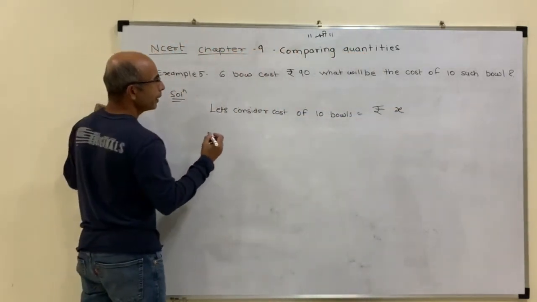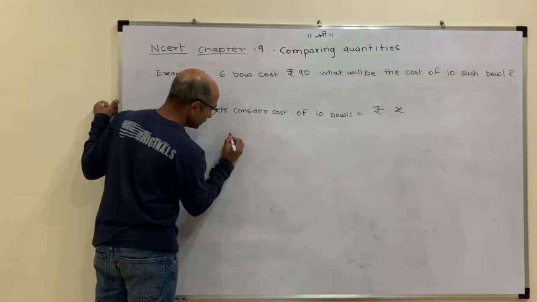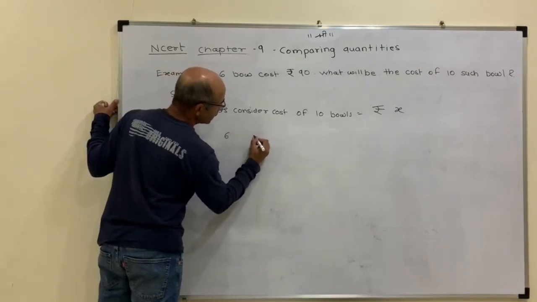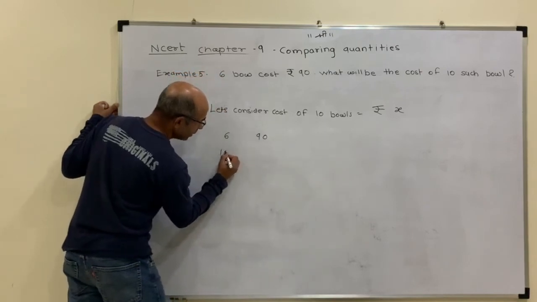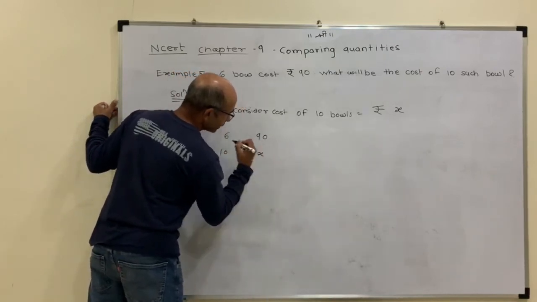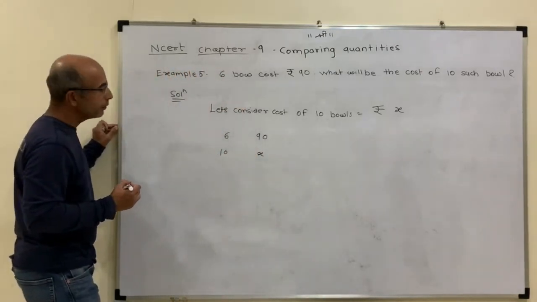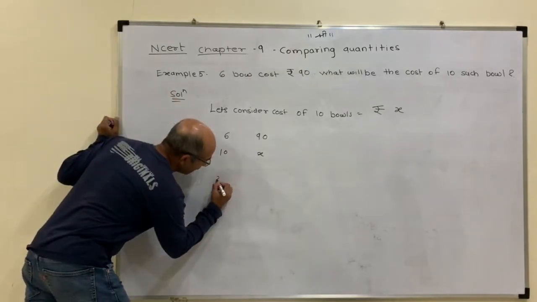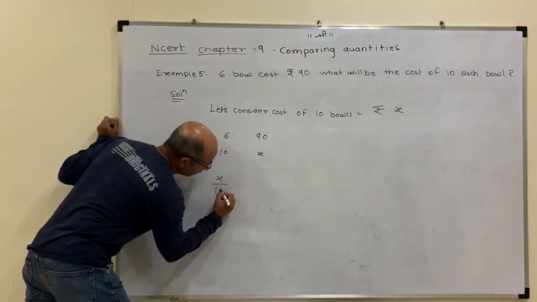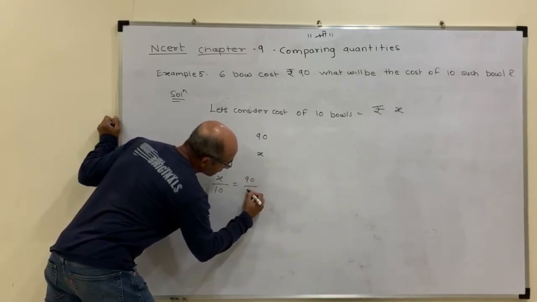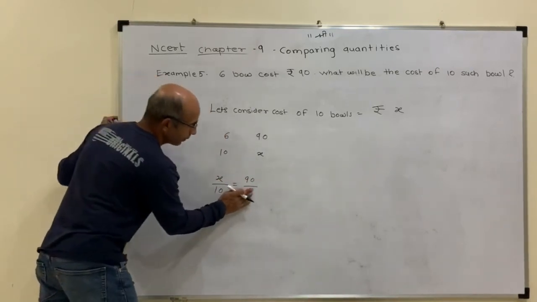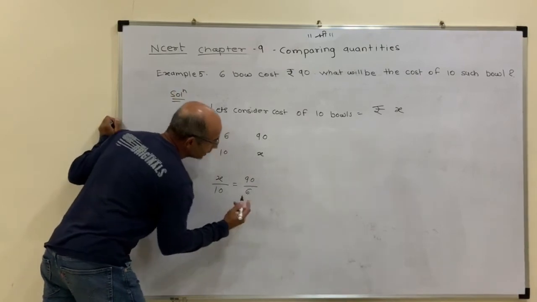So now we put this as 6. For 6 it's 90 rupees. For 10, it's x rupees. So we can say x divided by 10 equals 90 divided by 6. Sorry, 90 divided by 6.